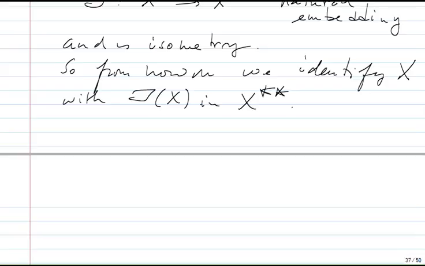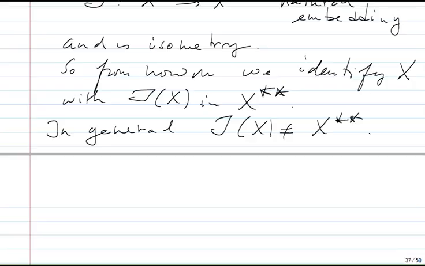In general, the embedding of x is different from the bidual. So the case where they are equal gives a new class of Banach spaces, of course, because x double star is a Banach space, so x must be a Banach space. So let x be a Banach space.